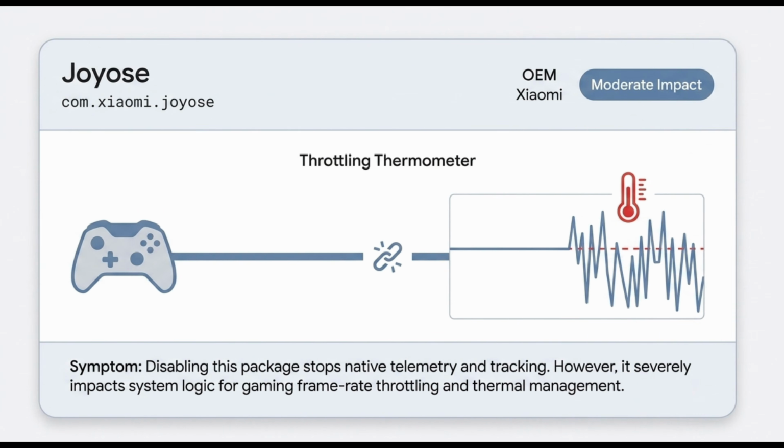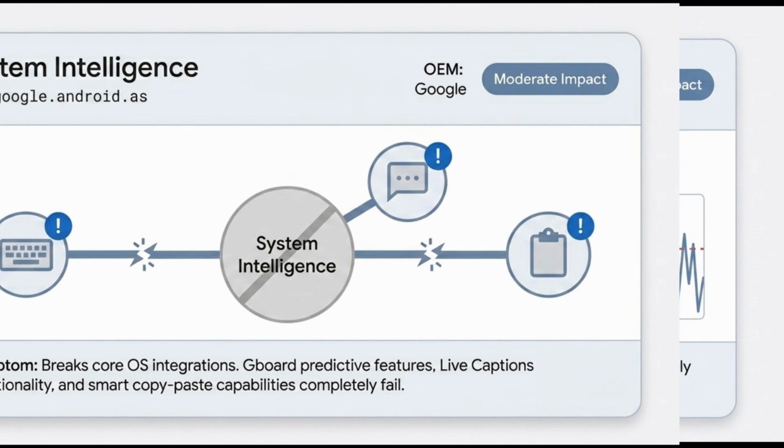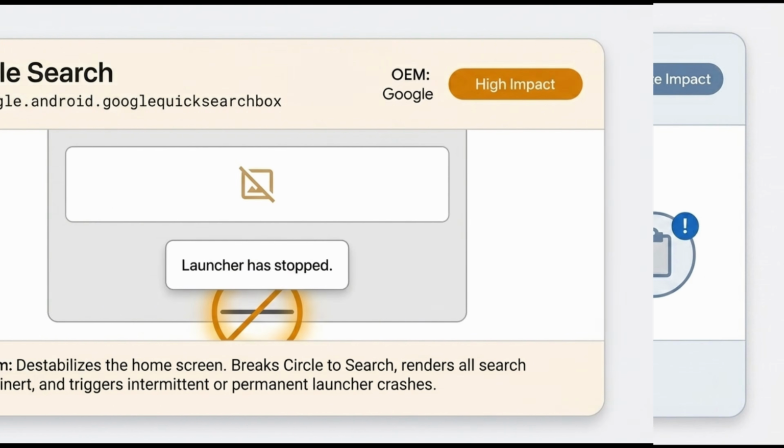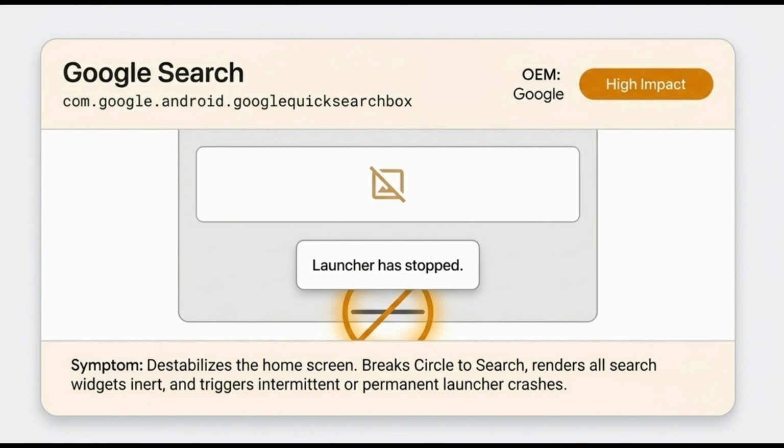We have Xiaomi Joy OSE, which will stop tracking and may actually affect game frame rate throttling. There is the Google System Intelligence app, which will break parts of Gboard, live captions, and smart copy paste. So be aware of that. Then we have Google Search, which is that little search widget that you see on the home screen.